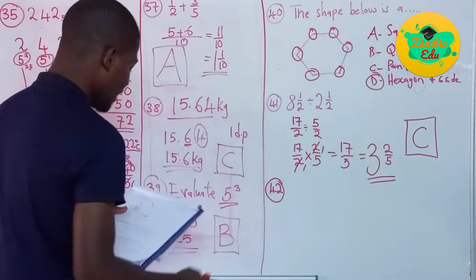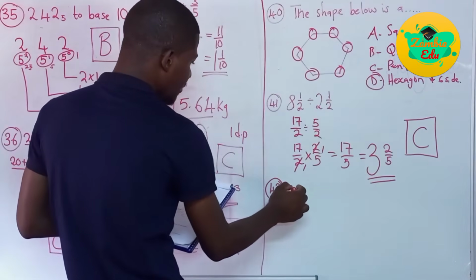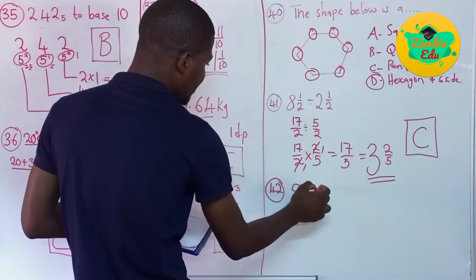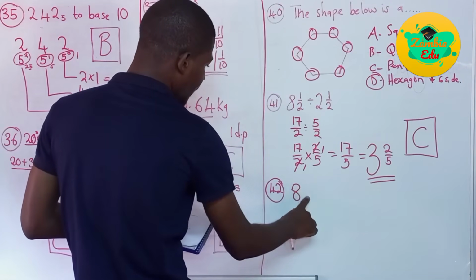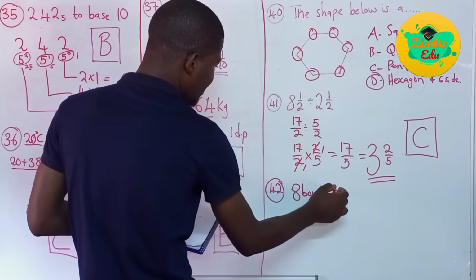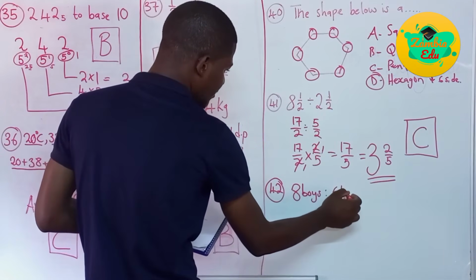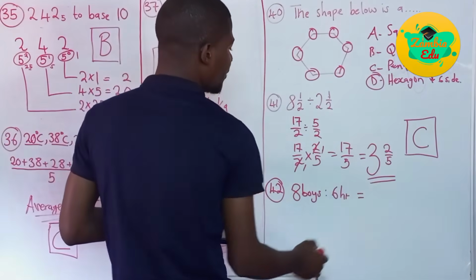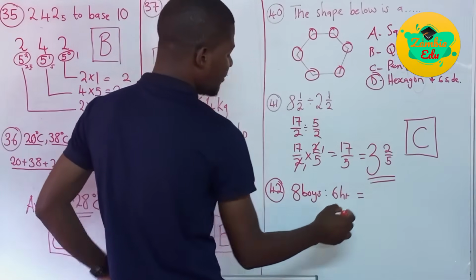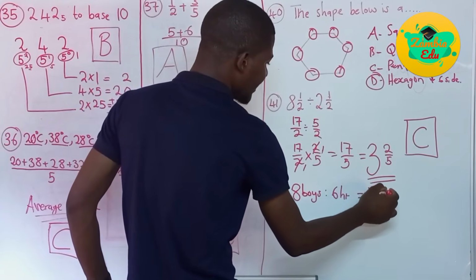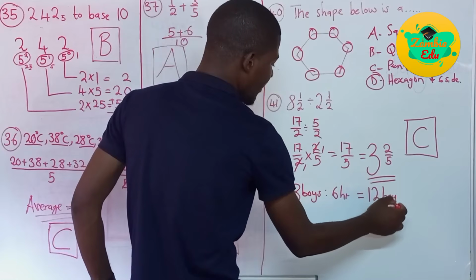So now we are considering a situation where 8 boys are able to paint in 6 hours. And we've been told, how many hours will it take if 12 boys paint?